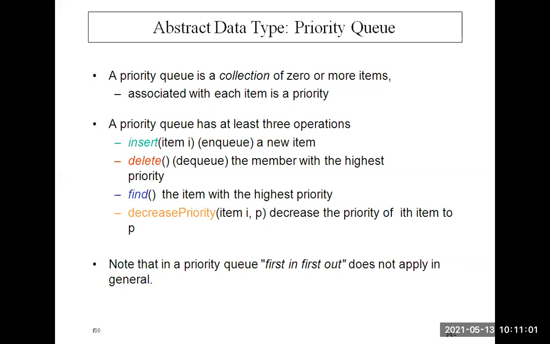And decreasing priority means we have to decrease one item's priority by the decrease priority function. Okay, clear, students?